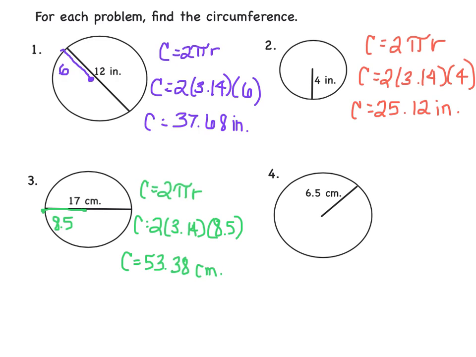Go ahead now and find the circumference for circle number 4. So C equals 2 pi r, 2 times 3.14 times my radius, which is 6.5.